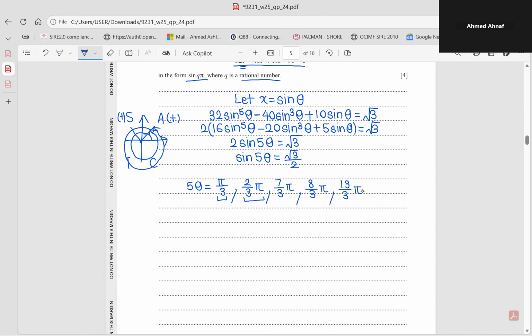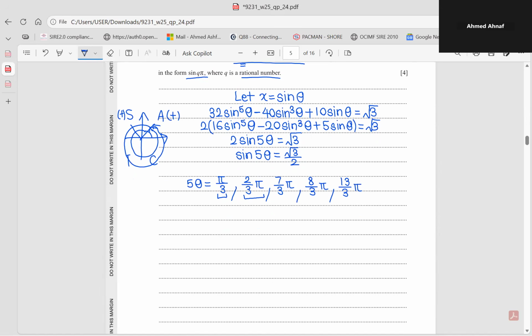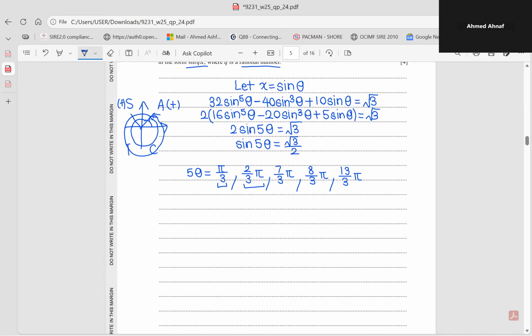And to do one final check, see if, when you take the sine of them, they give you square root 3 over 2. Okay? All right. So now we're ready to find what theta is.